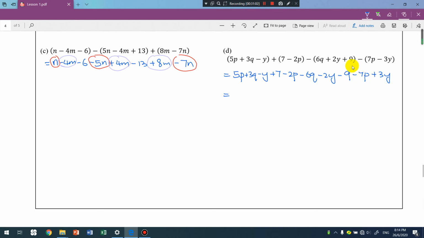Negative 7p minus 7. Okay, then no more p, press equal, you will get negative 4, write the negative 4, and don't forget to write p. Okay, let me double check again, correct or not. 5 minus 2, this is 3, okay, minus 7, okay, correct. Now we go to q.